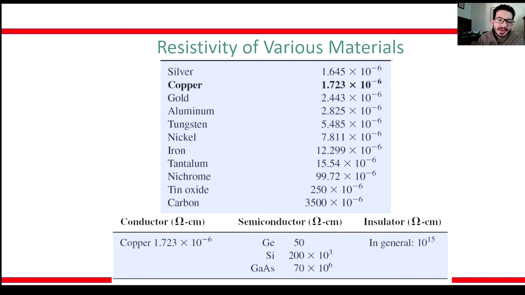So we mentioned that different elements have different resistivity. And this is an example. The resistivity of silver is 1.645 times 10 to the negative 6. These units are in ohms per centimeter.